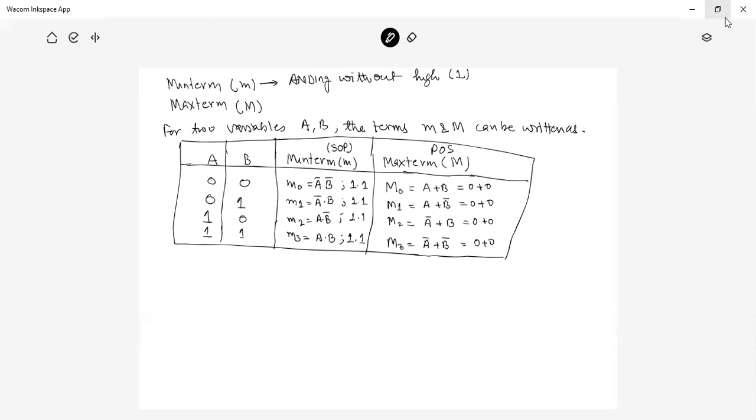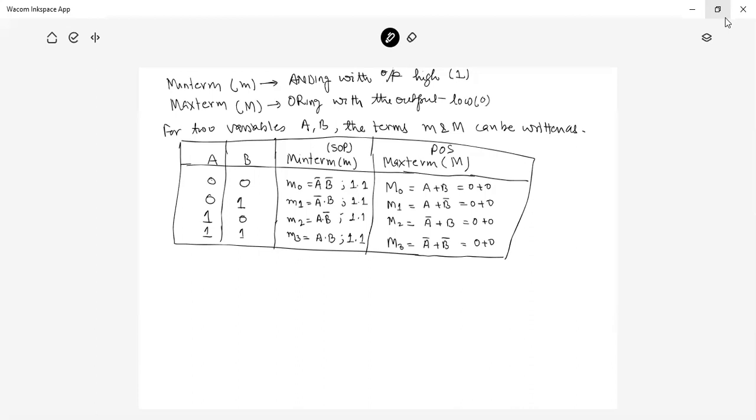So multiply. And max term is ORing with the output low. ORing with output low. Low means 0.